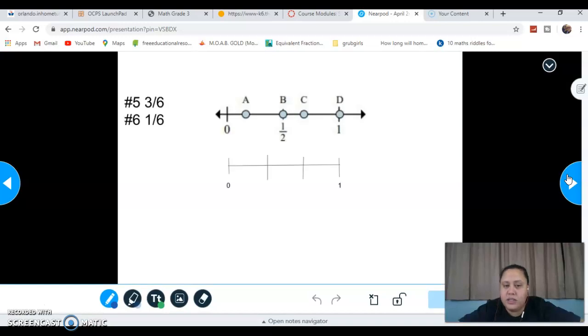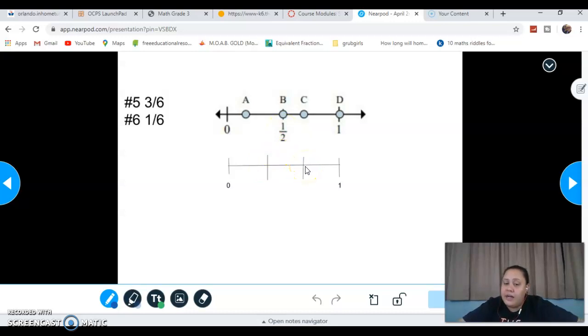thirds. This one's a little trickier. So they still gave us the same half number line. They only cut it in half. Well, that's not going to help me right now. So what I did was create, again, another number line the same length, but instead of cutting it in half, I cut it into 3.